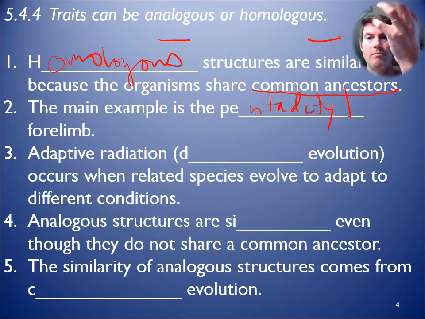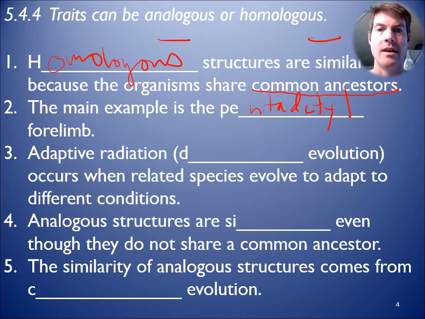We have certain bones, and they're arranged in different shapes in humans, in bats, in dogs, in whales. If we look at those bones, all the same bones are there, just slightly different sizes, sometimes more different than others, but different sizes and shapes. But they're similar because of that common ancestor.